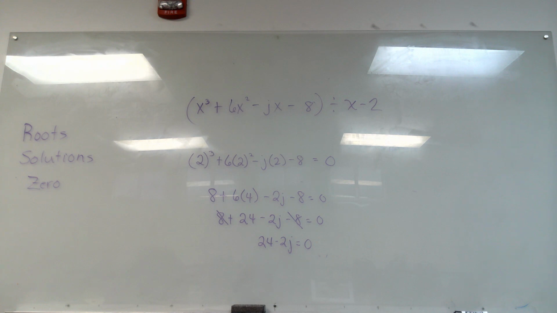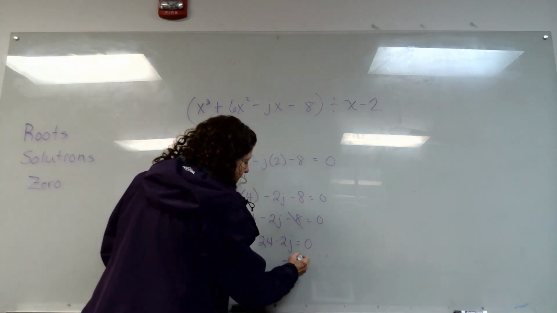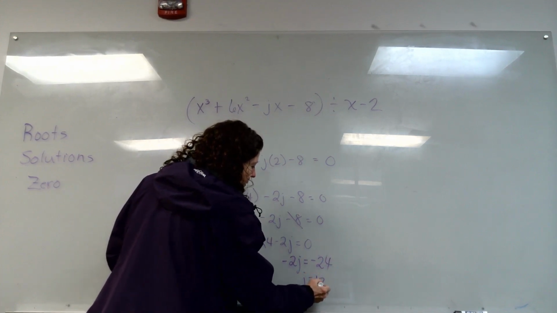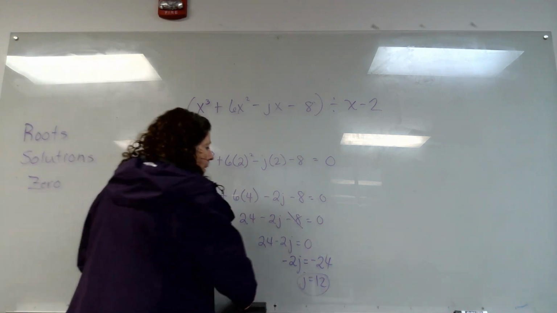J equals 12. No, it's positive 12, because you've got a negative 24, so j is equal to positive 12. Okay? Good, good.